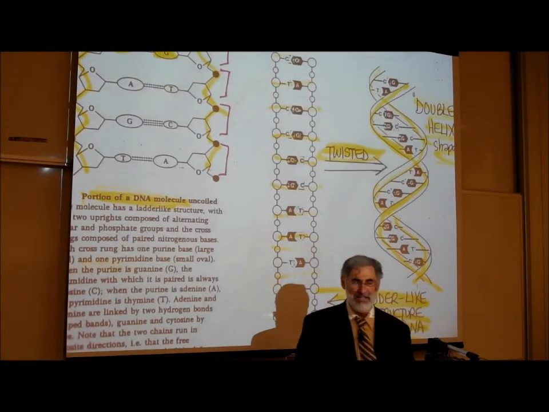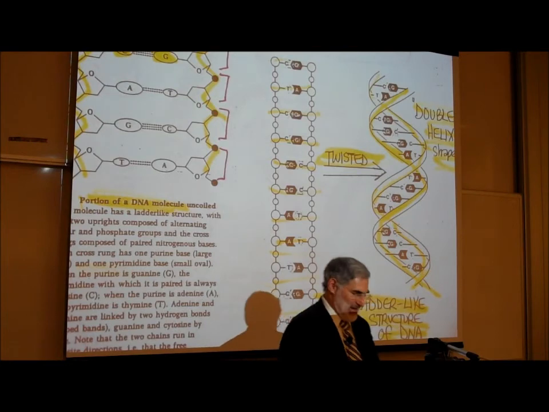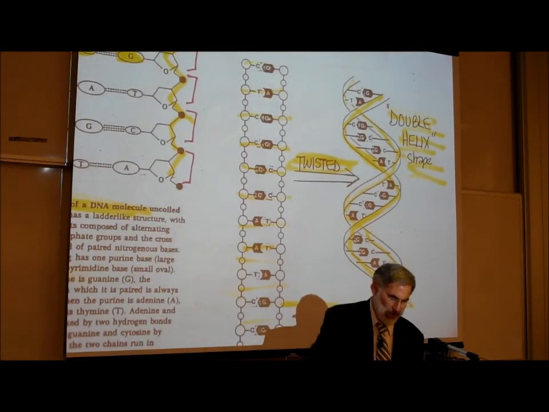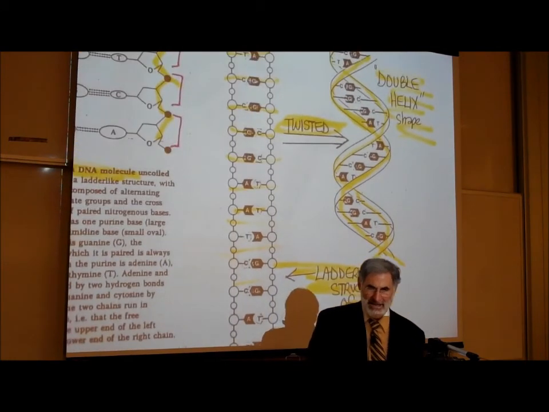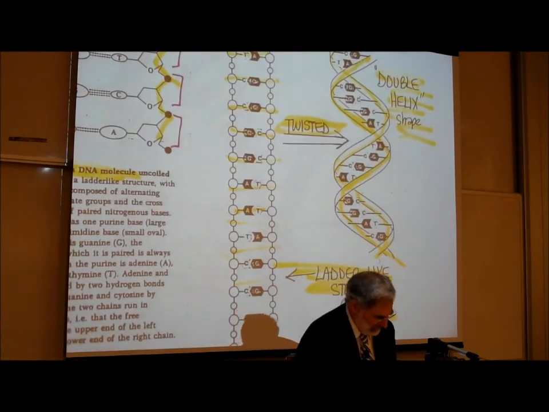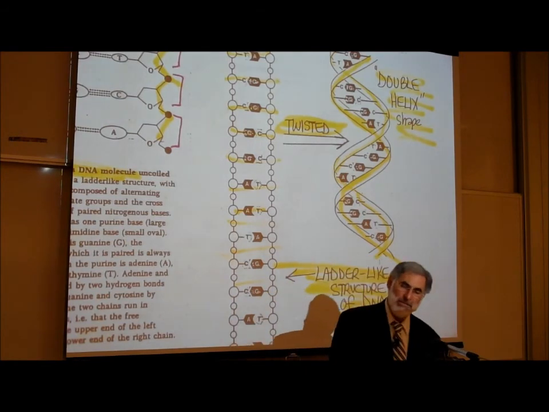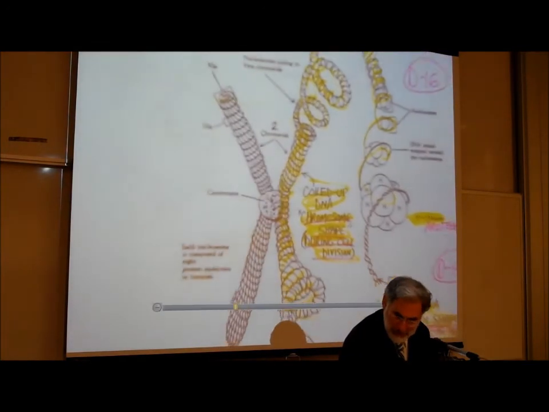Now, in fact, this ladder-like DNA molecule is then twisted. Imagine a flexible ladder that became twisted, and this shape is called a double helix shape. It's basically like a twisted ladder. Let's see if we can explain now how this fits together into something that some of you have seen in lab.